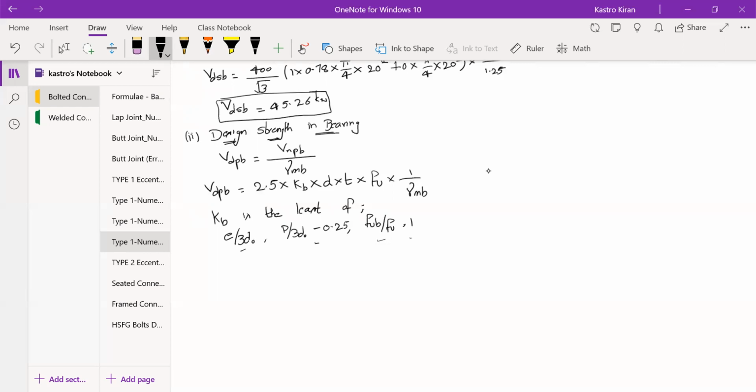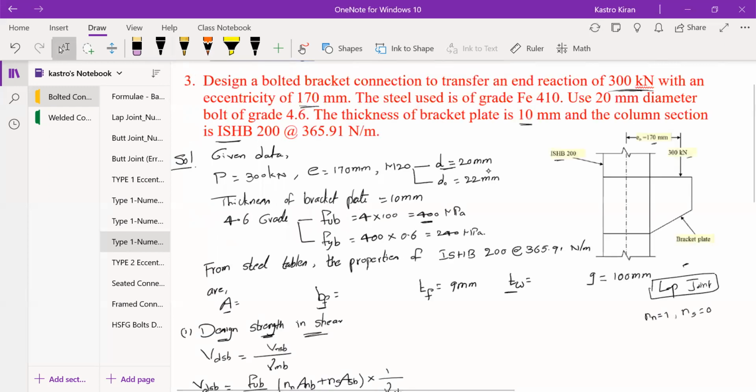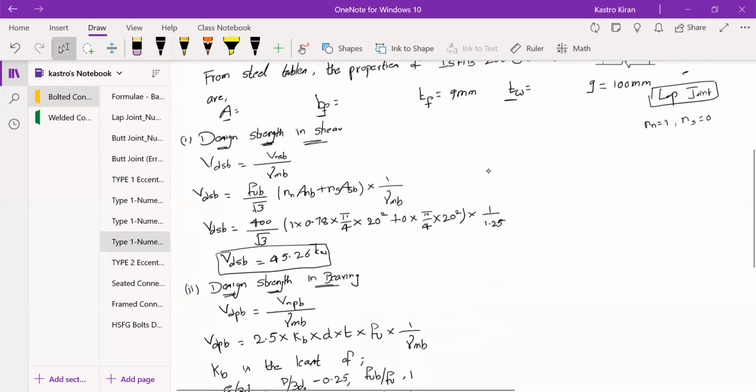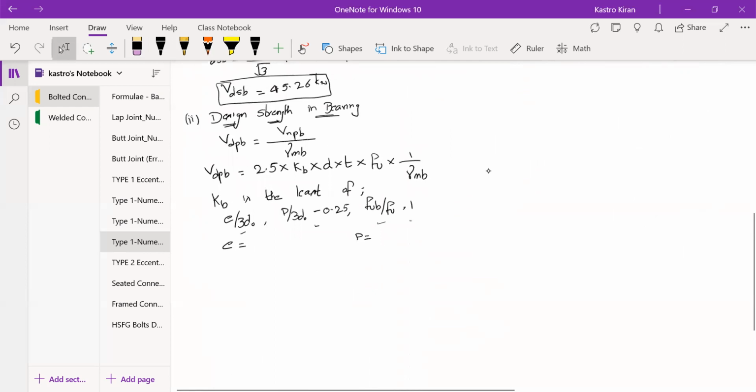Now here, the edge distance and pitch distance values are not provided in the question. So as per IS 800-2007, the minimum edge distance to be provided is 1.5 into d naught, and the minimum pitch distance is 2.5 into d.